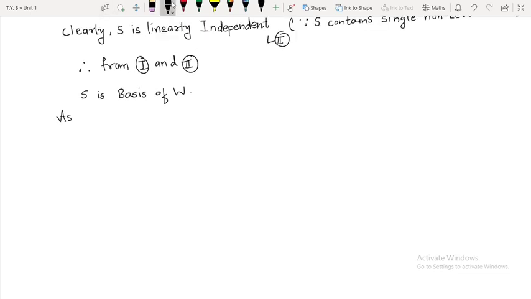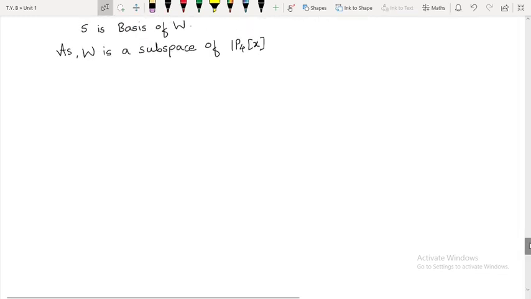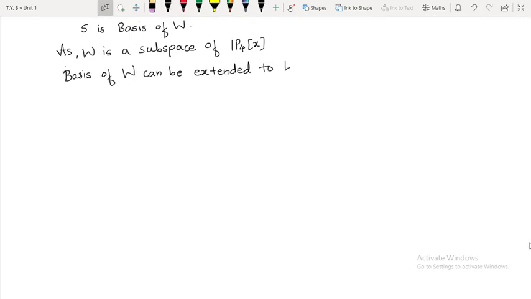As W is a subspace of P4 of x, that is our V, therefore the basis of W can be extended to a basis of P4 of x.